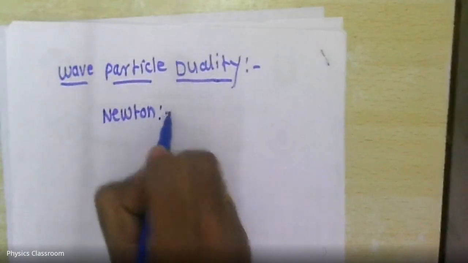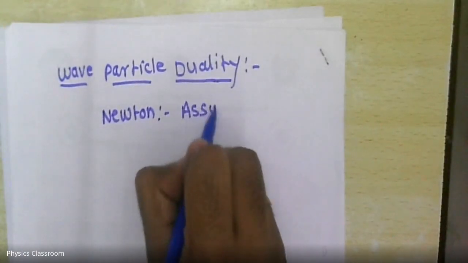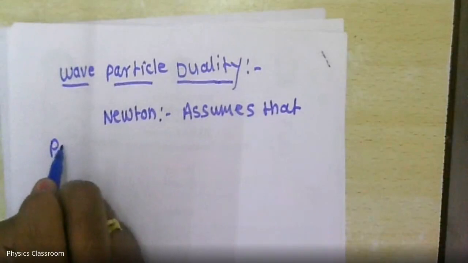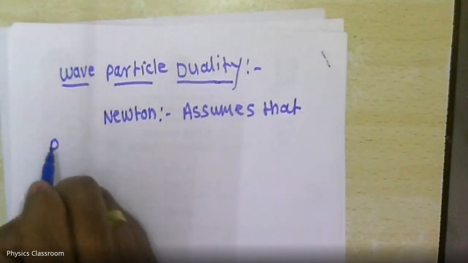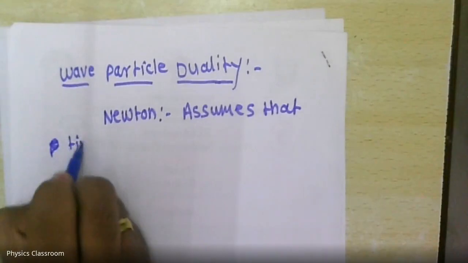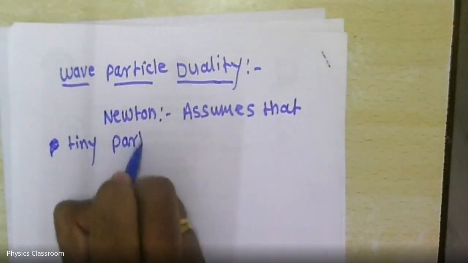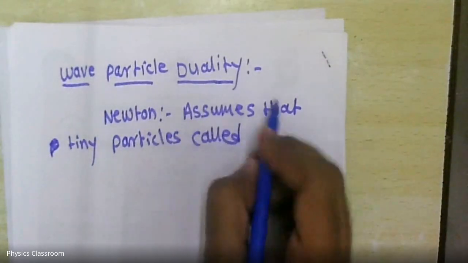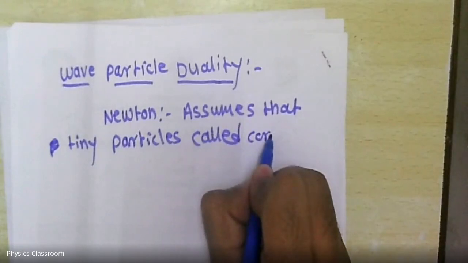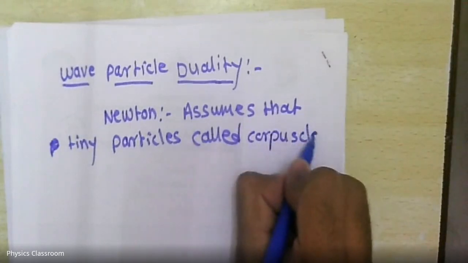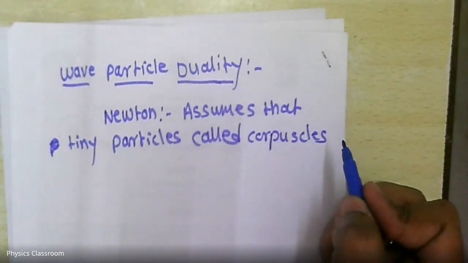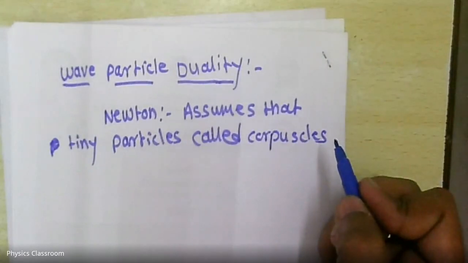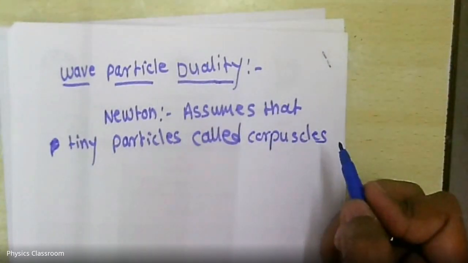Means Newton assumed that light has teeny particles, and he called them corpuscles. They are emitted by a luminous body.